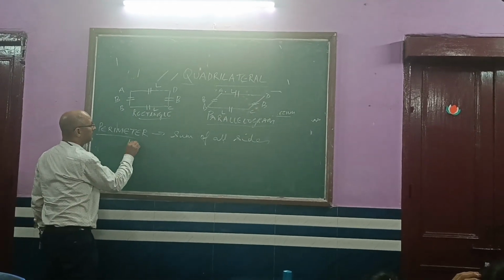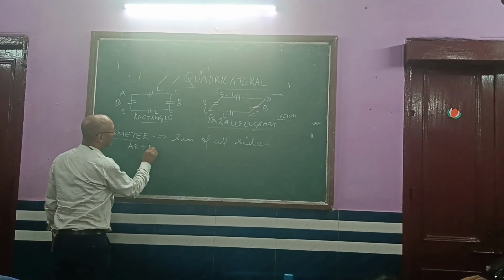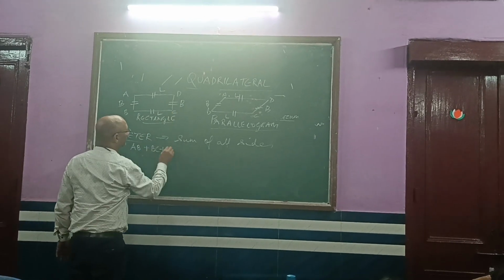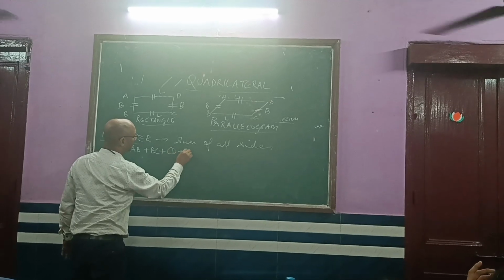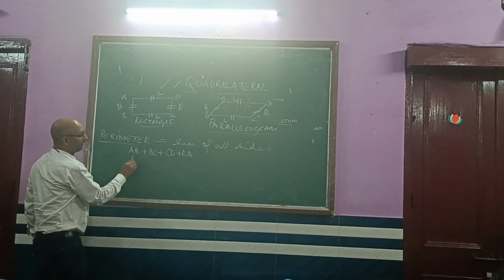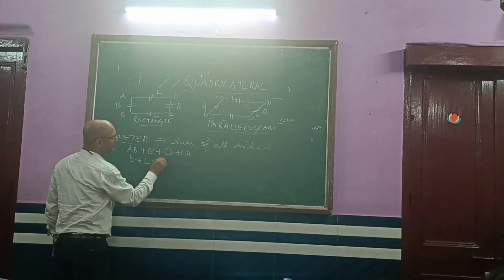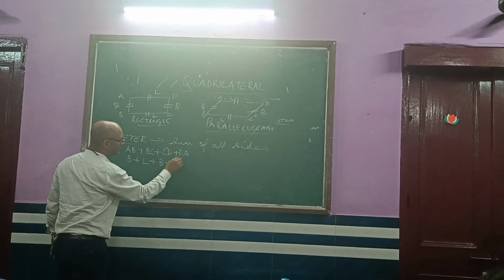AB, then BC, then CD, then DA. What is AB? Breadth. What is BC? Length. CD, breadth, and DA, length.